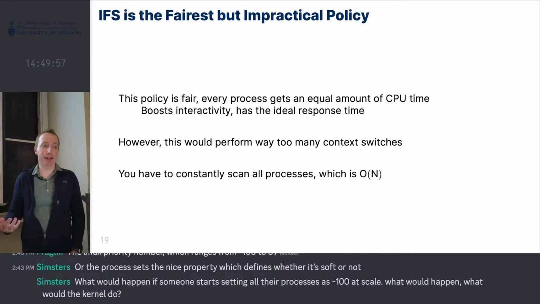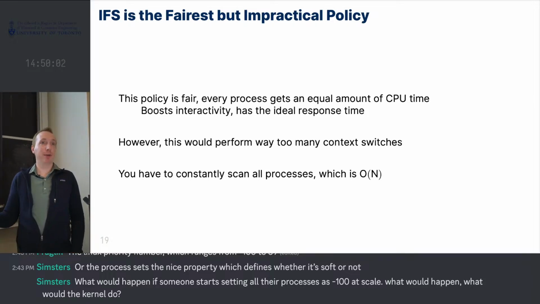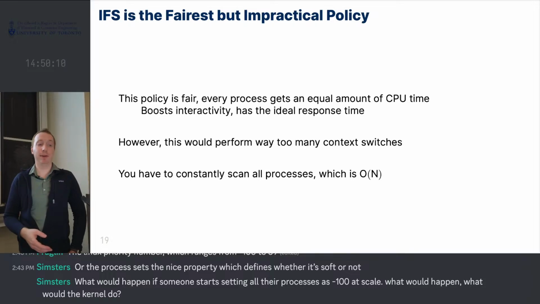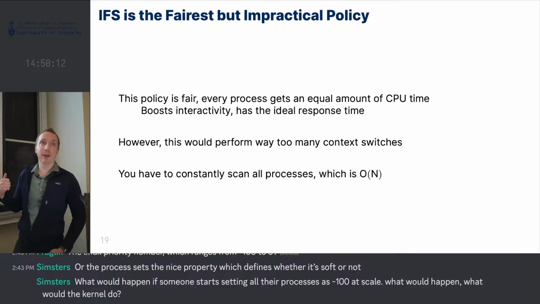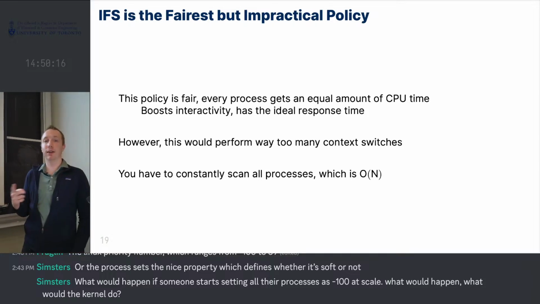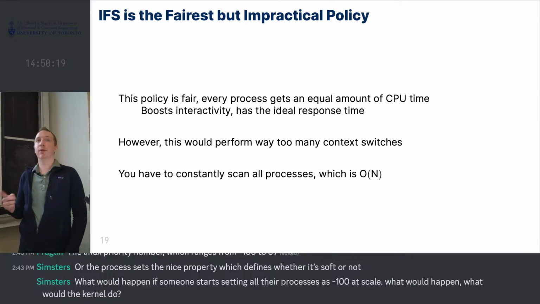But realistically, we can't do that. Also, context switching is overhead because it's not running processes, and so is running the scheduling algorithm, which has to be fast as well. If we had the ideal fair scheduler, we would have to constantly scan every single process to make sure they got their fair share, which is O(n), which is super slow.